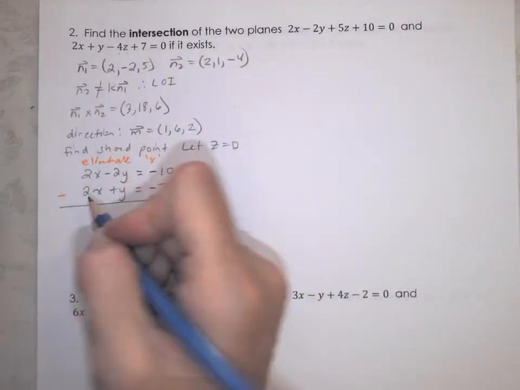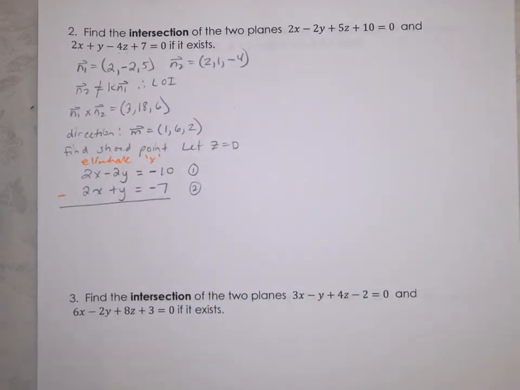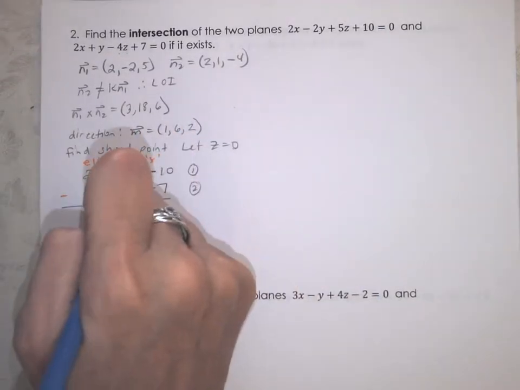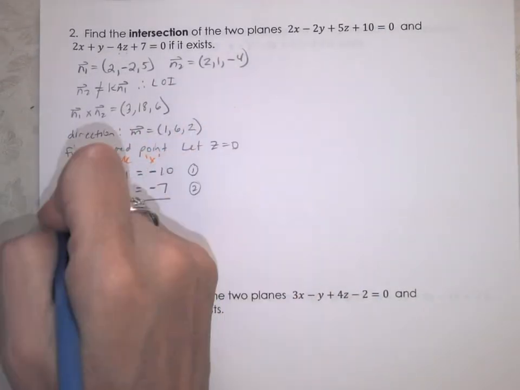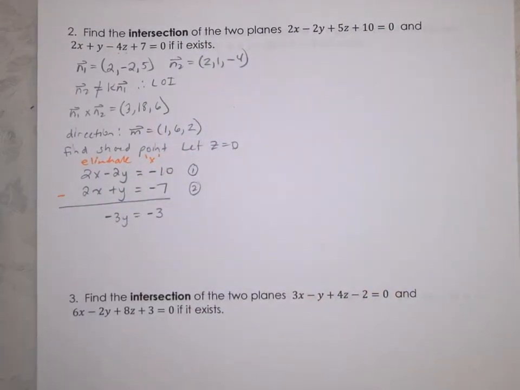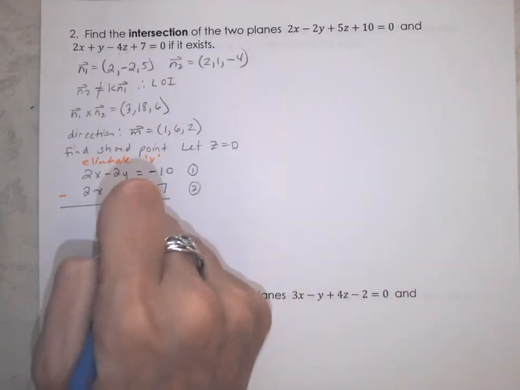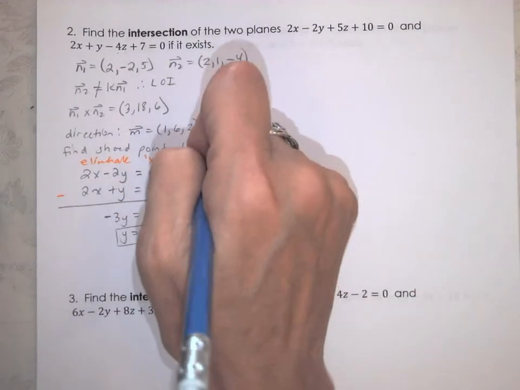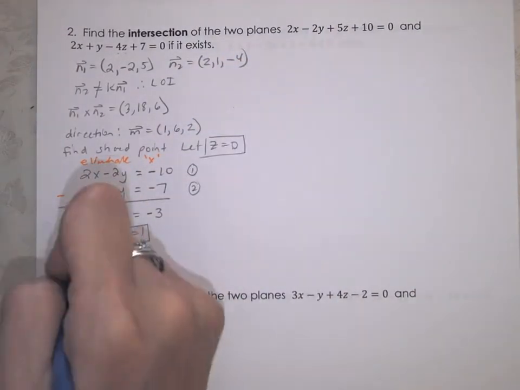So 2x minus 2x is 0. -2y minus y is -3y. -10 minus -7 is -3. So we're going to get y equal to 1. So far we have y is 1 and z is 0. We need to find x.